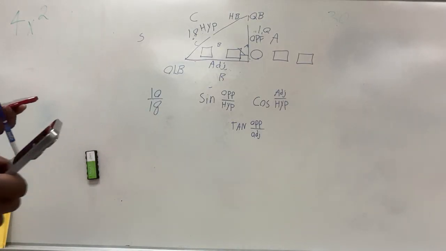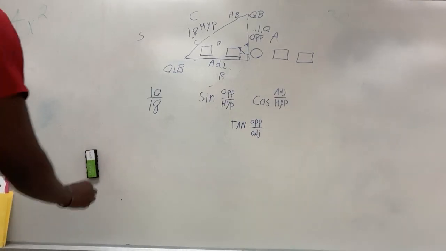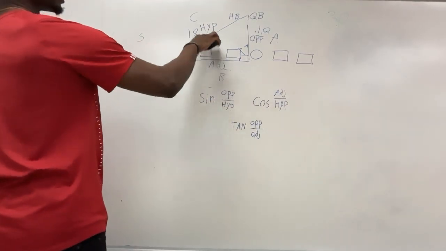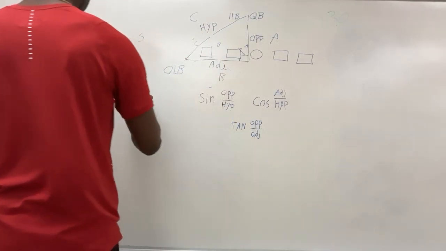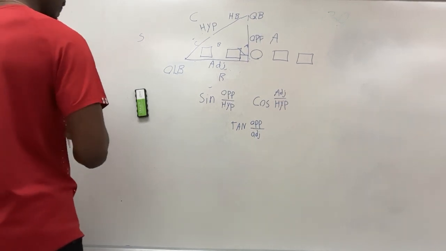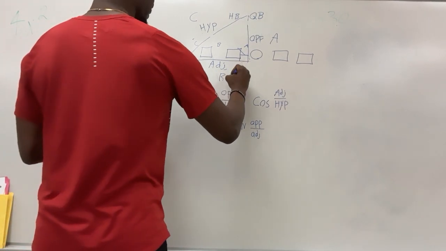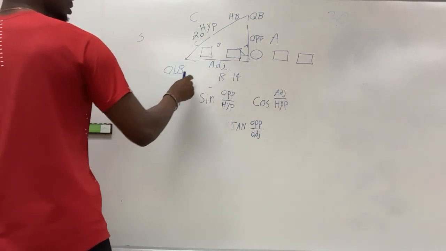Now let's do cosine and we can get out of here. So cosine, adjacent over hypotenuse. So we're looking here to here. Let's go with adjacent side is 14, hypotenuse of 20. So boom.